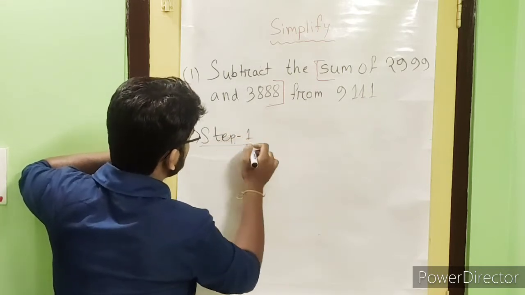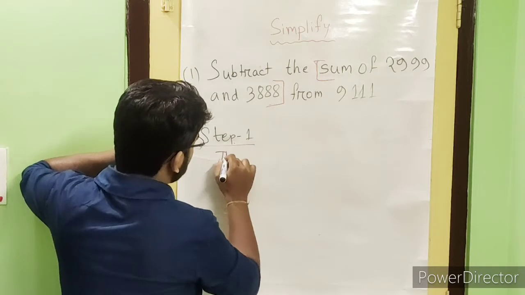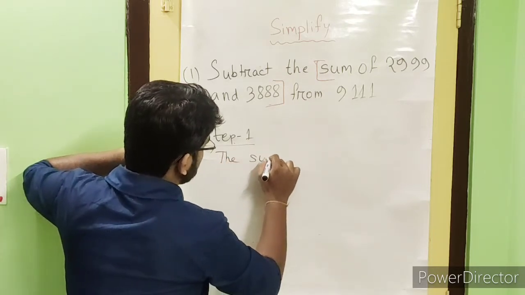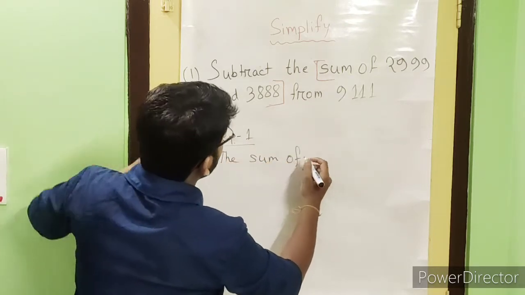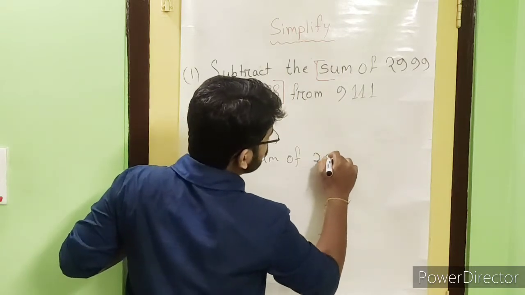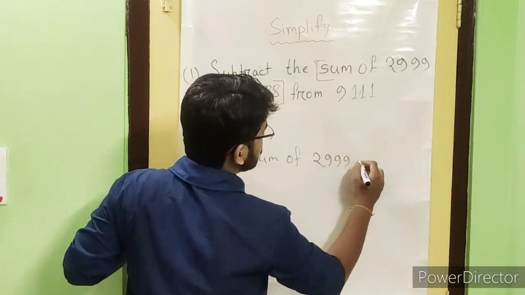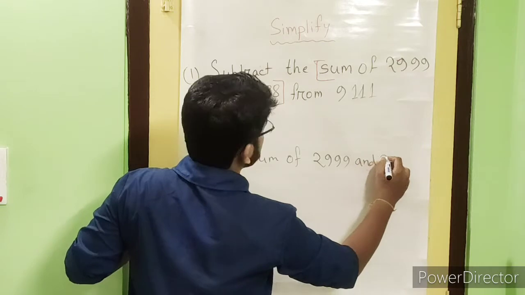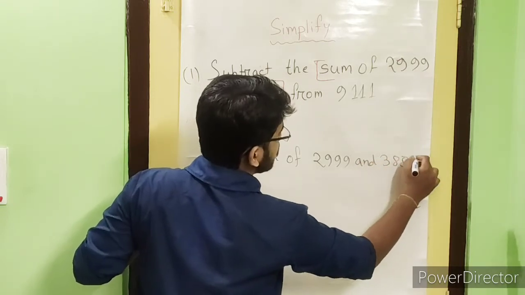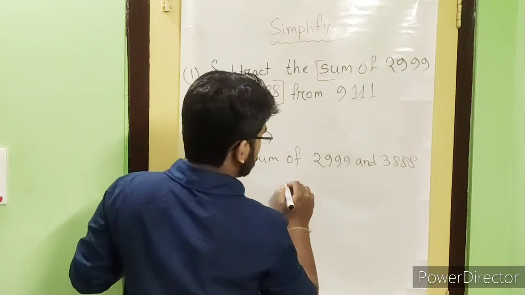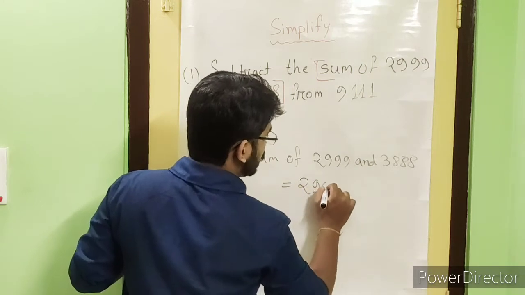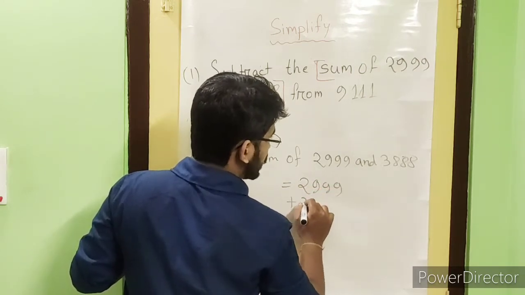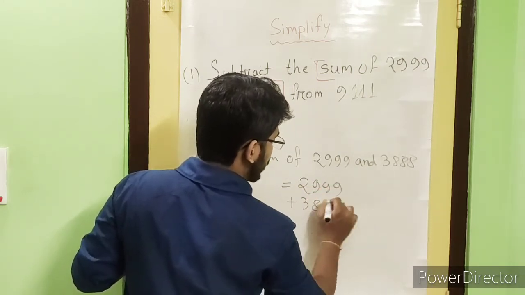Step 1. The sum of 2,999 and 3,888 equals 2,999 plus 3,888.